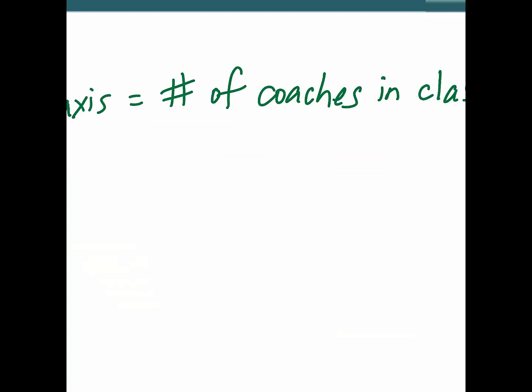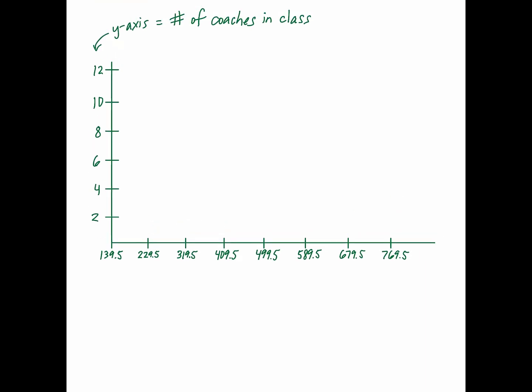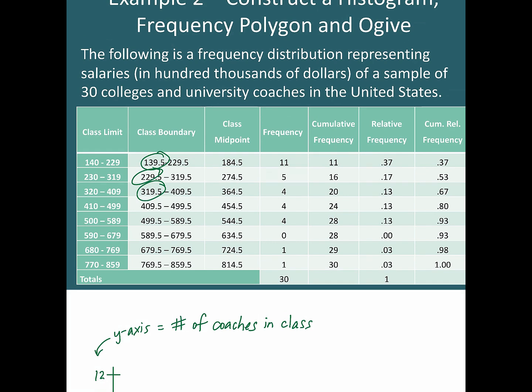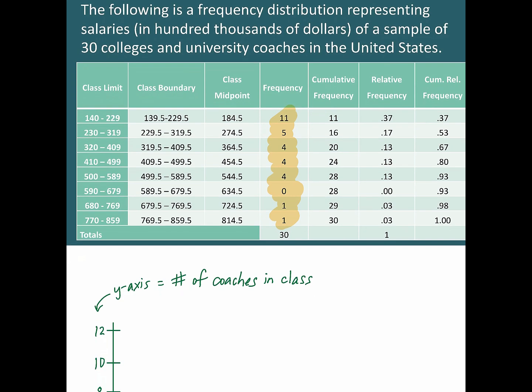Okay, once that is done, I go ahead and begin drawing my vertical bars, where 11 is my first frequency, so I'm going to draw a bar with a height of 11. And then I'll draw a bar with a height of 5. The next 3 are 4s.